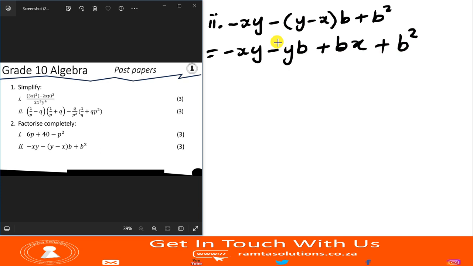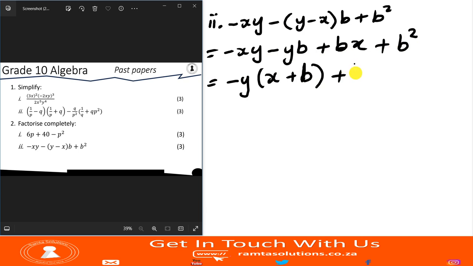Now we're going to factorize by grouping. Now when we factorize by grouping, I see here we have y that is common. We also have a negative. So perhaps let's say our common factor is negative y. What are we left with? We are left with x plus b, isn't it? Perfect. What is our common factor in these two terms? It is b.